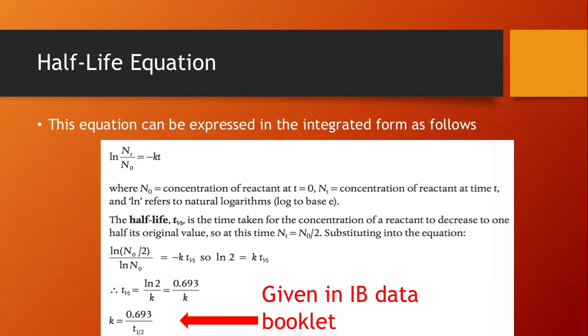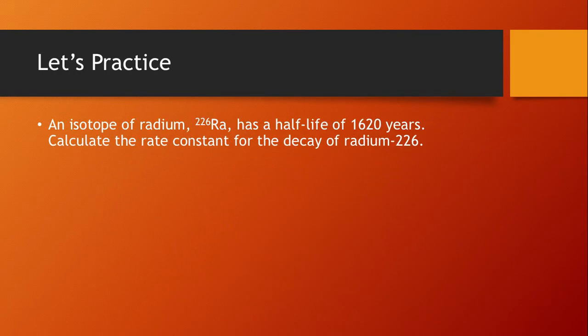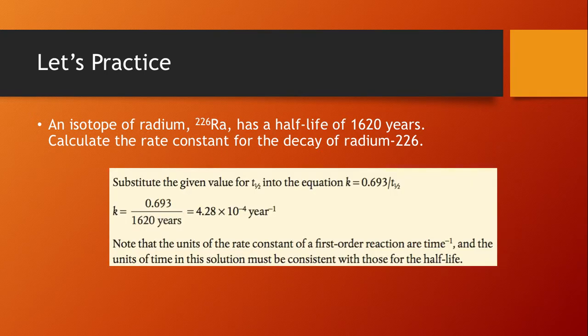We're going to use that equation that was given on the previous page, K equals 0.693 over T 1/2. That is your half-life. If you plug that in, you get K equals 0.693 divided by 1,620 years. If you do the math, you get 4.28 times 10 to the negative fourth year to the negative 1 power.